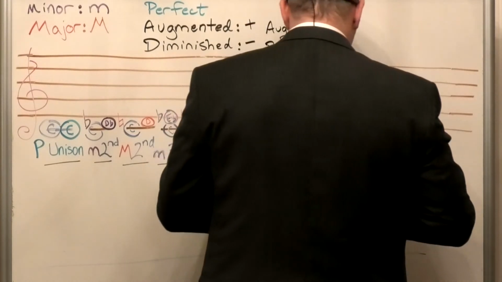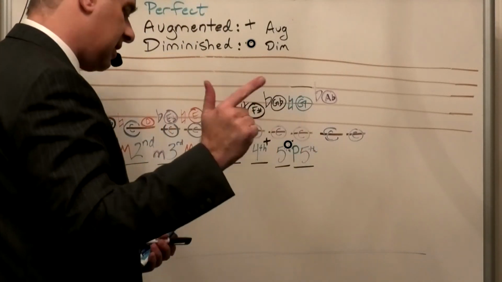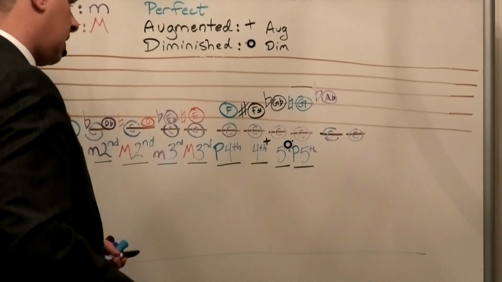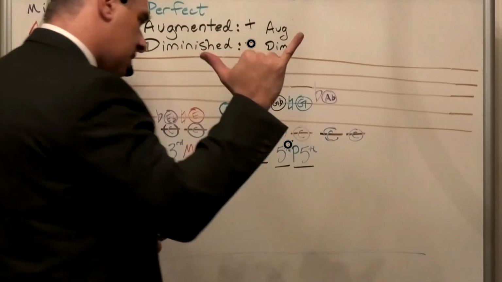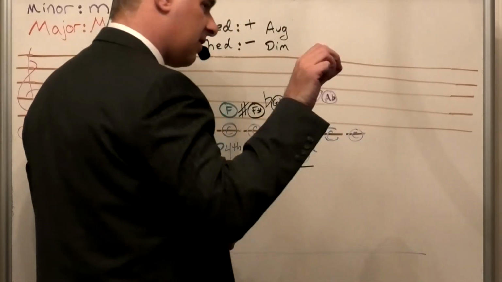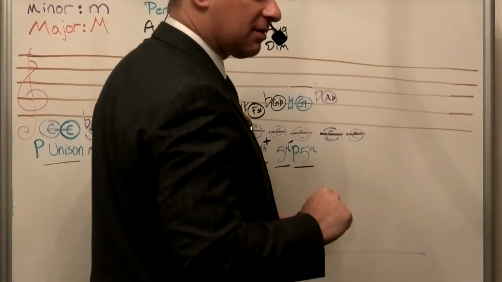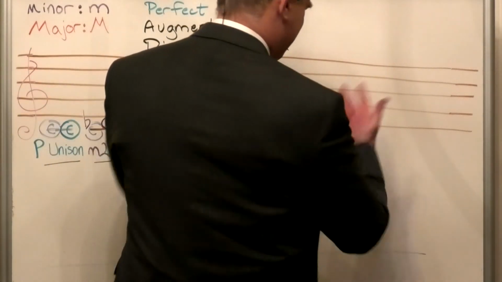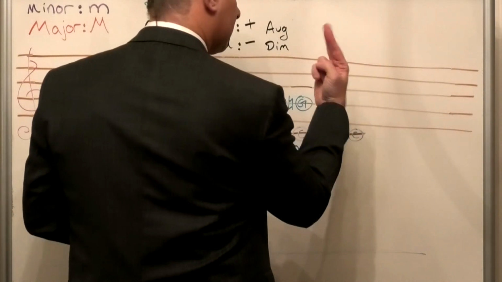From a C to any type of A, inclusive, we'll count C, D, E, F, G, A, 6. This is how I do 6. 6, 7, 8, 9, 10. Or you could count binary 1, 2, 3, 4, 5, 6.